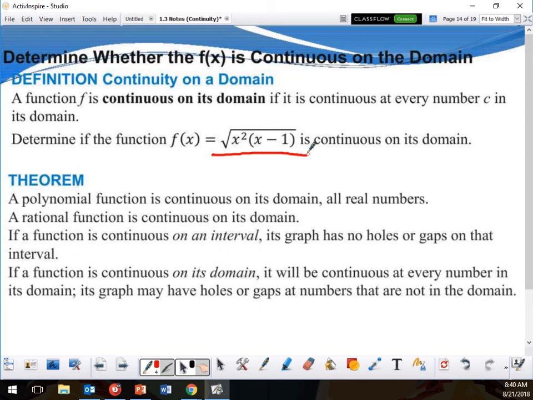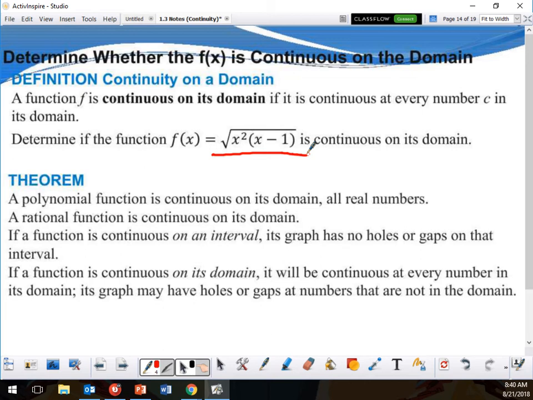Determine if a function is continuous on its domain. My domain would be from 0 to positive. A polynomial function is continuous on its domain, all real numbers. A rational function is continuous on its domain. If a function is continuous on its interval, its graph has no holes or gaps on that interval.